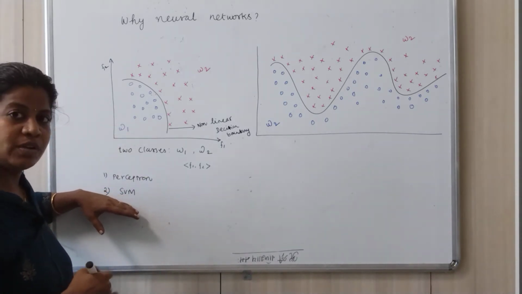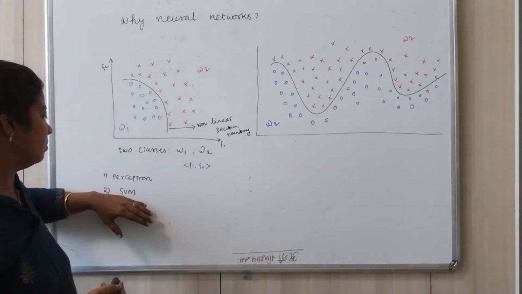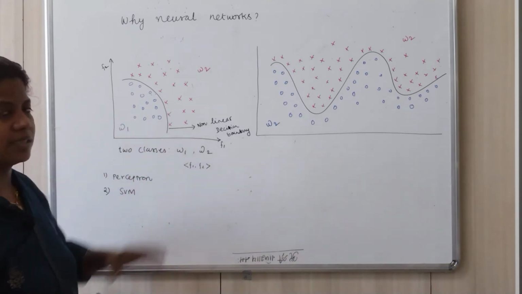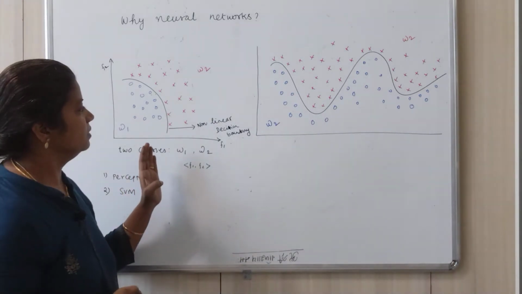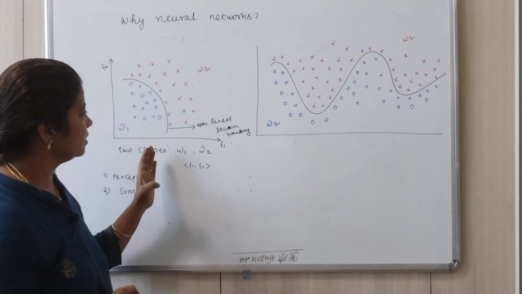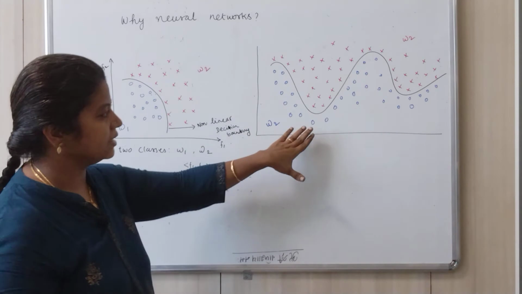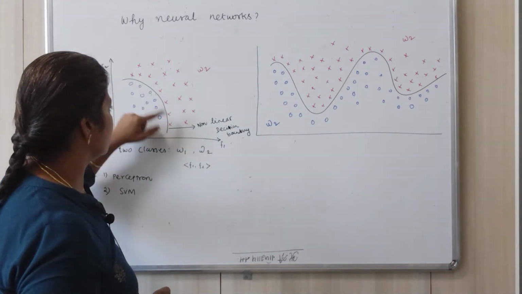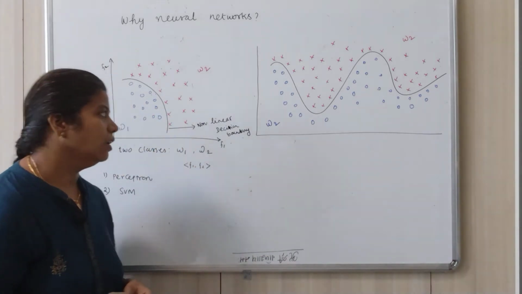SVM also works for non-linear decision boundaries, but in its simplest form it works under the assumption that the classes are linearly separable. If we want to extend to even more complicated decision boundaries, let us take this scenario, where the most non-linear decision boundary is the quadratic classifier.